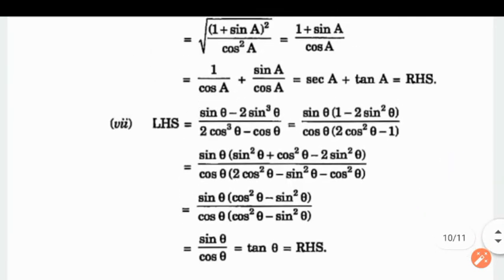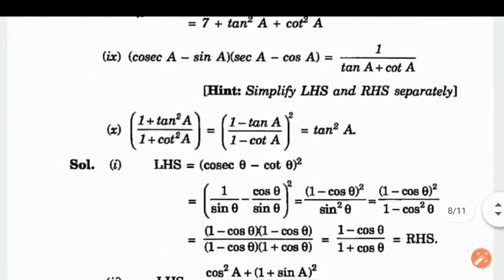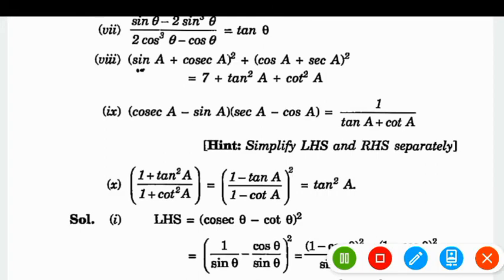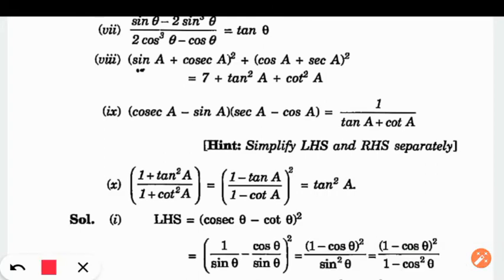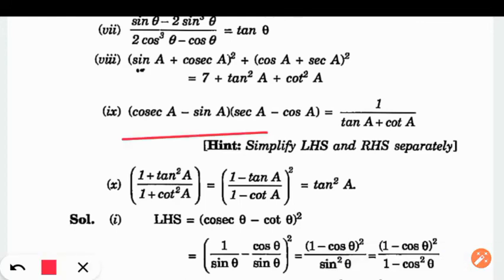Now number 9. So let me show you number 9. Cosec A minus sin A in one bracket, sec A minus cos A in one bracket. What we will do? We will convert this into sin and cos.